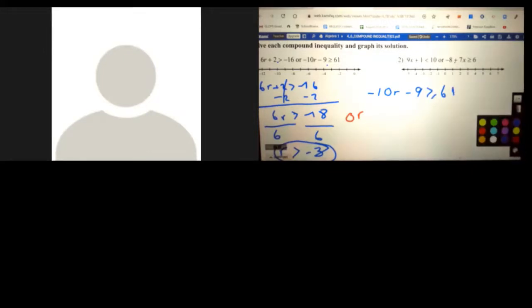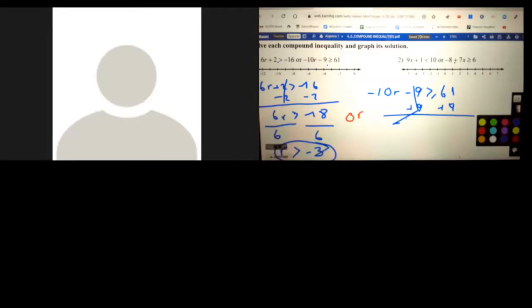Now I have an or. The other inequality is negative 10r minus 9 greater than or equal to 61. Look, I have a negative 10, so this is important over here. Make sure you pay attention, and when you're dividing, flip the sign. So add 9 to each side. This cancels. Oops, these little things happen, so bear with it.